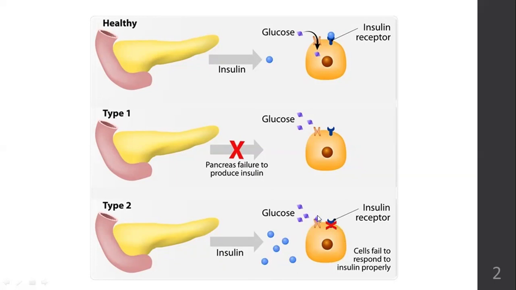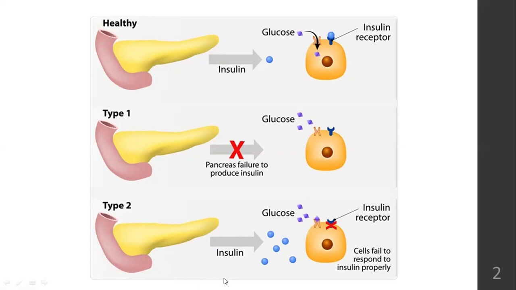So again, the channels are blocked. Glucose wants to enter the cell to be utilized to give energy, but the channels are blocked. Insulin receptors don't allow insulin to attach. So that is type 2 diabetes. These are the two basic types of diabetes. Is it clear to all?